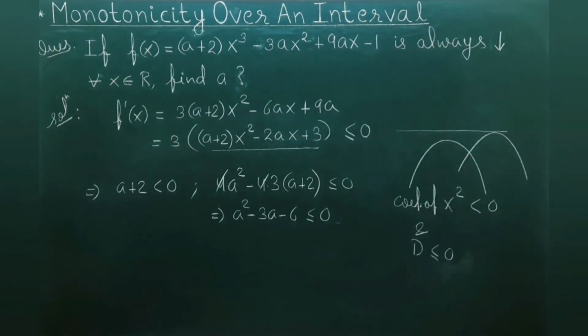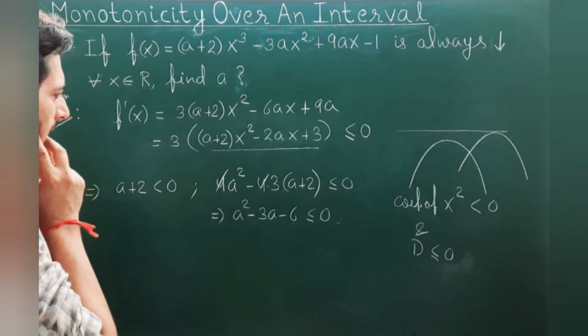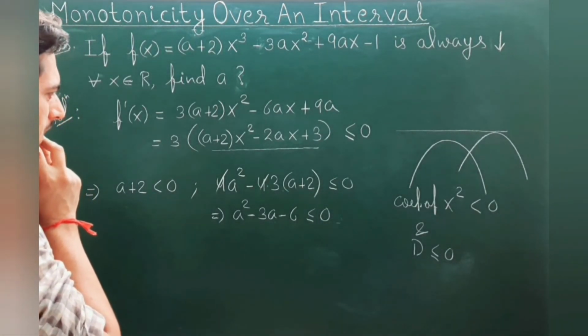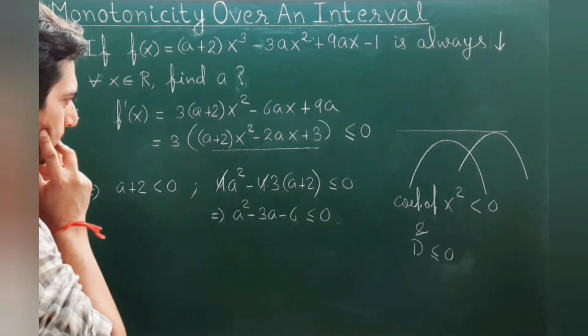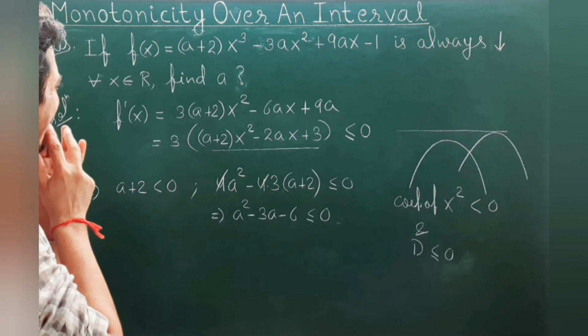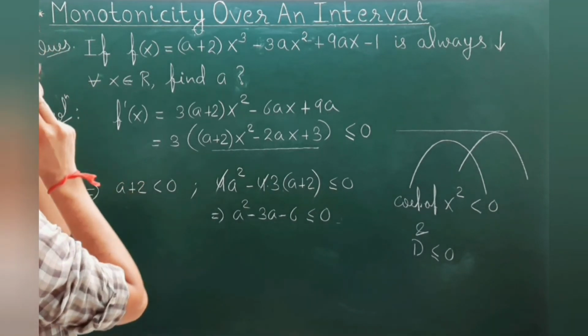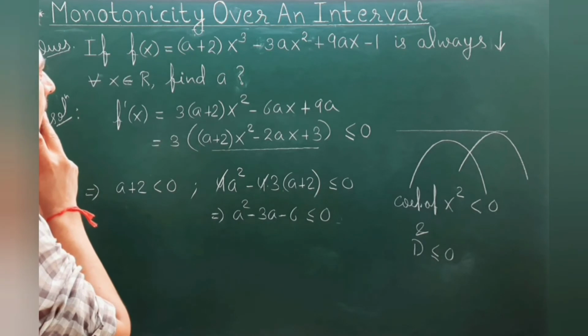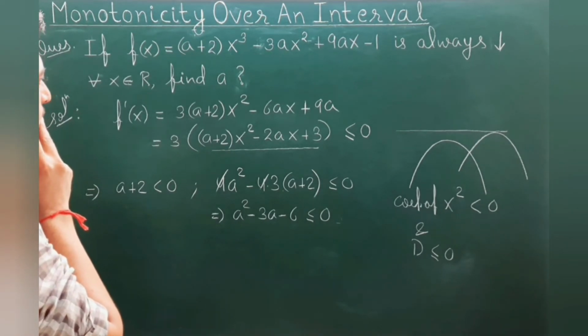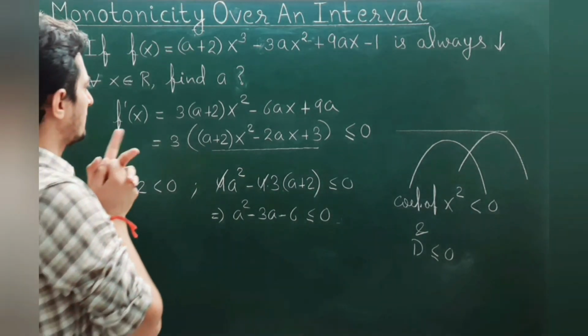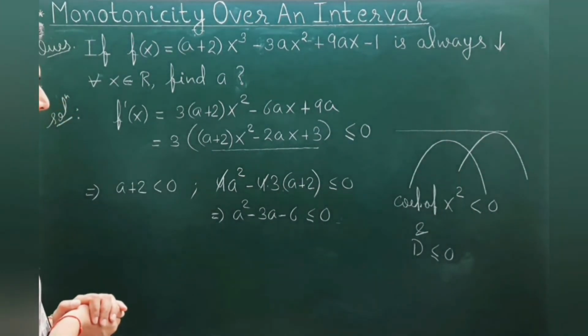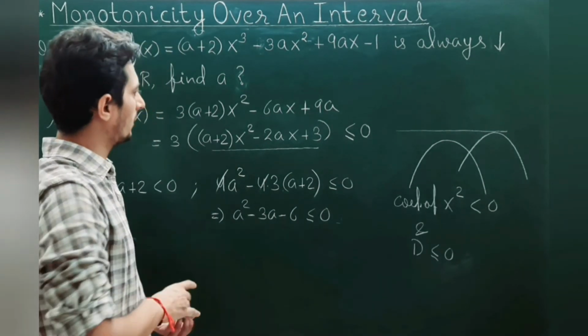If you can factorize it, factors of this a square minus 3a minus 6. So is there any mistake? I think this is not giving us good factors.